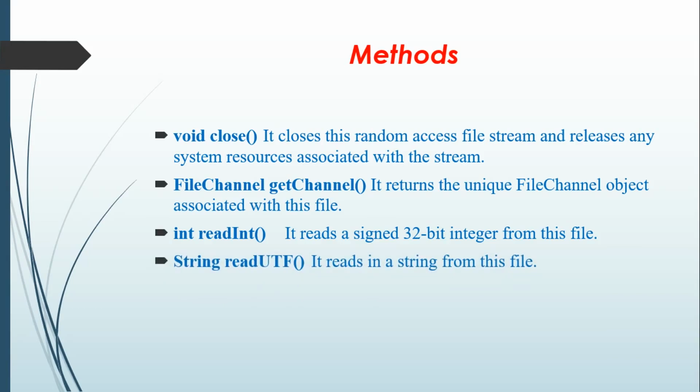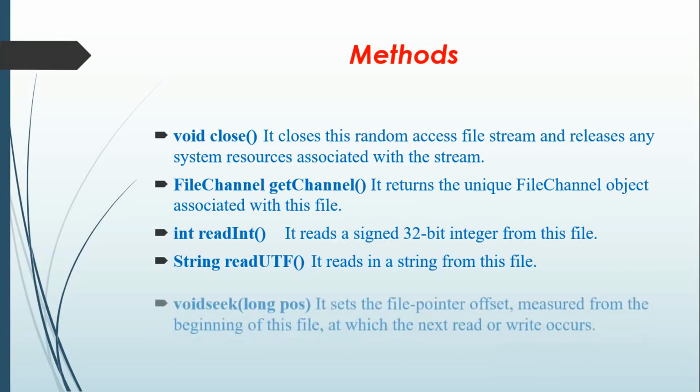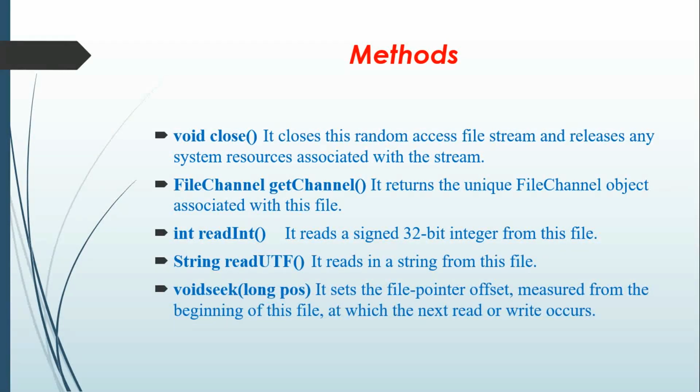String readUTF() reads in a string from this file. void seek(long pos) sets the file pointer offset, measured from the beginning of the file, at which the next read or write occurs.